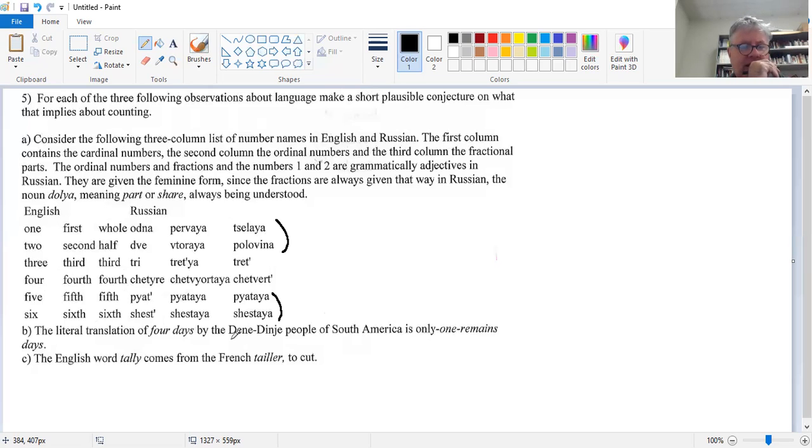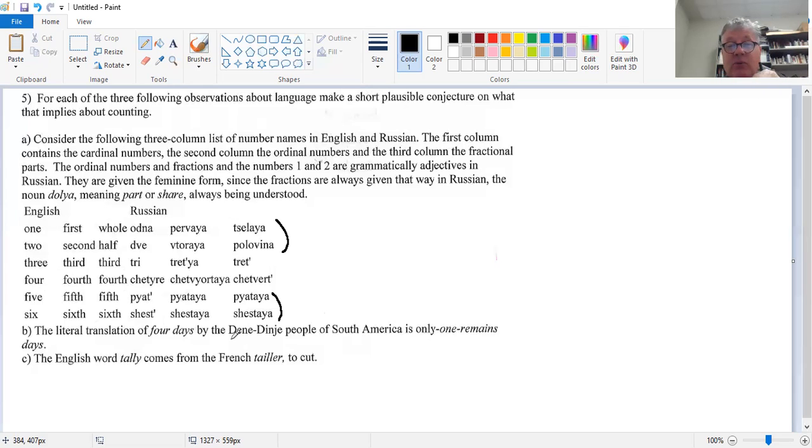And the last bit there, the tally, comes from the French word to cut, and this comes from counting. So you have a stick or a board of some kind, and you have a knife, and you count by making cuts in the stick.